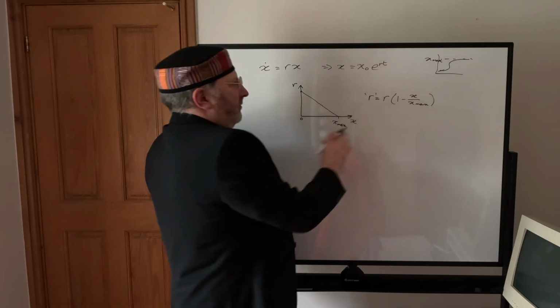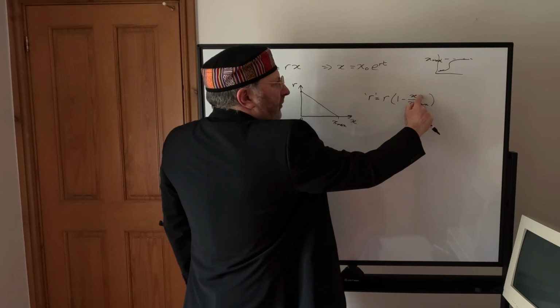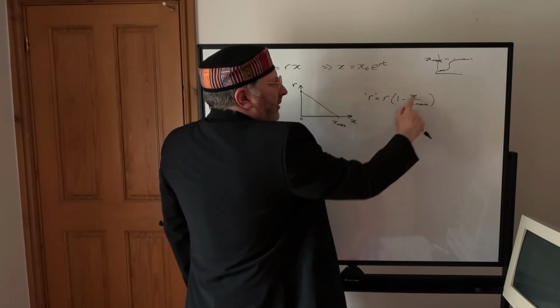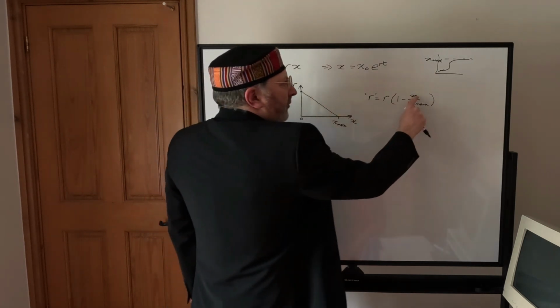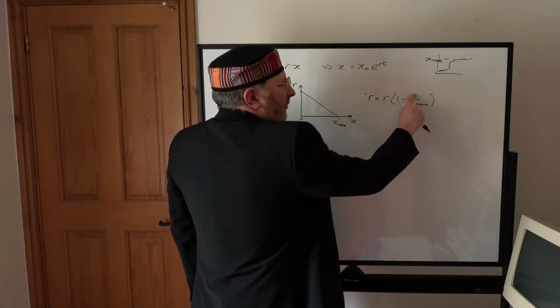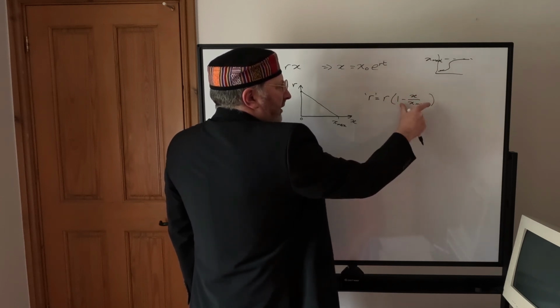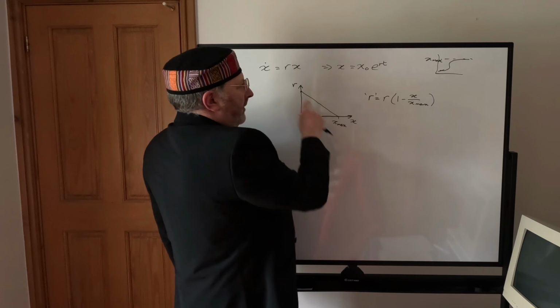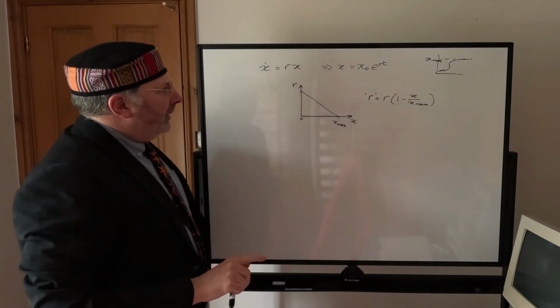That's the equation of this straight line. So you can see that when x is 0, this is 0, so it's r times 1, so it's just r. And when x is x max, this is x max over x max, which is 1, so it's 1 minus 1, which is 0. So r goes down to 0. And between the two, it's that straight line.